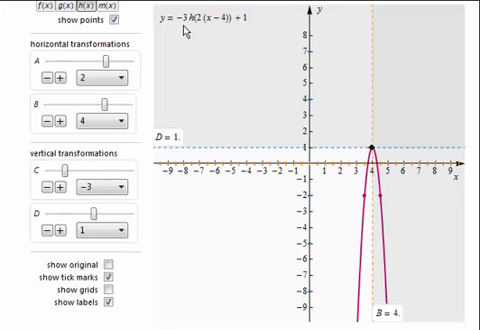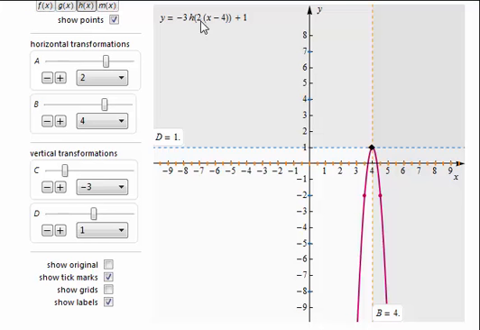So the function we're looking at is -3 times 2x minus 4, that whole thing squared, plus 1. So we have vertical and horizontal expansion, compression, and horizontal and vertical translation, or shifting from left to right, up or down.